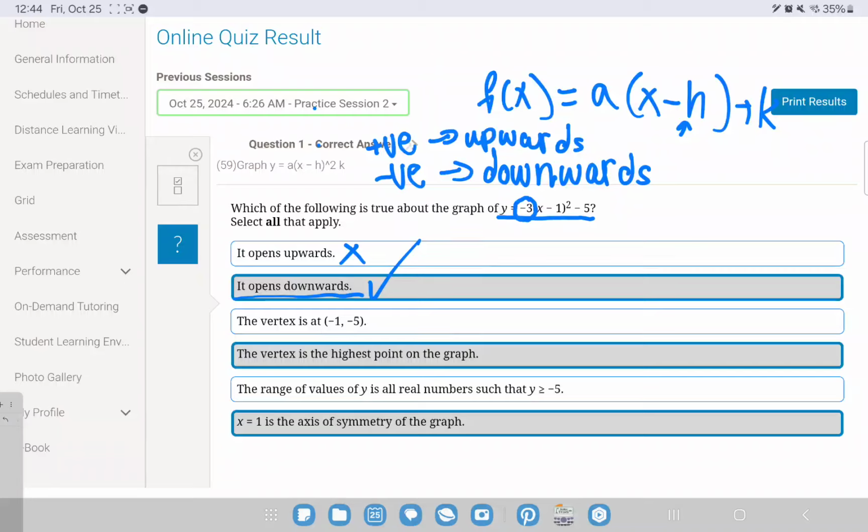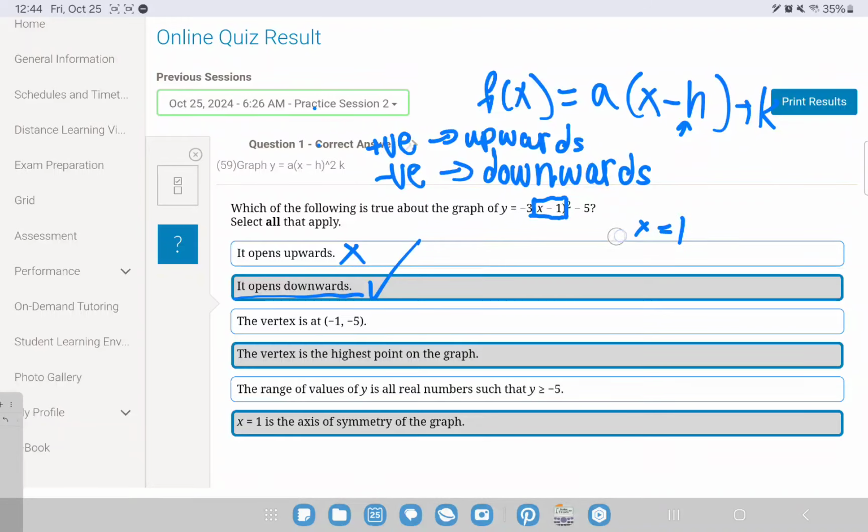The vertex. How do we find our vertex? It's the easiest thing ever. You look at these brackets over here. Whatever makes this bracket 0 is your x of the vertex. So x minus 1 equals 0, x equals 1.